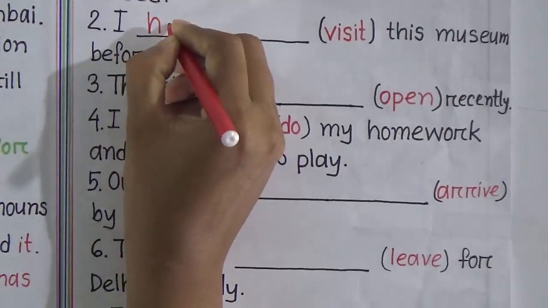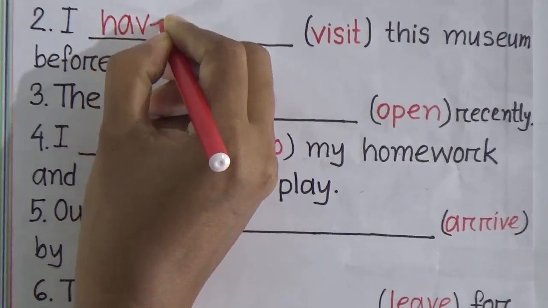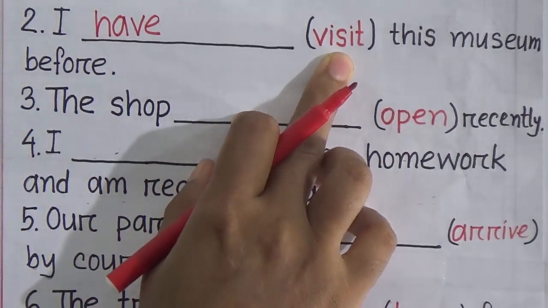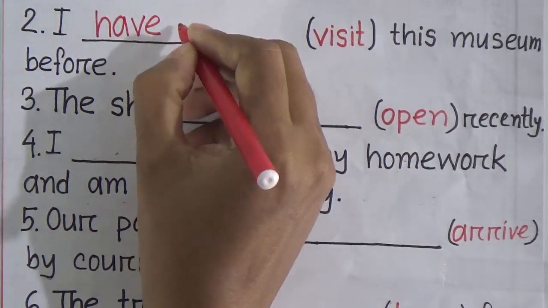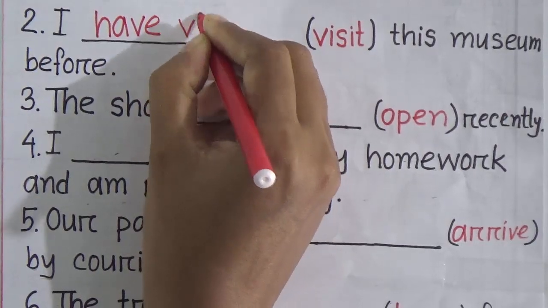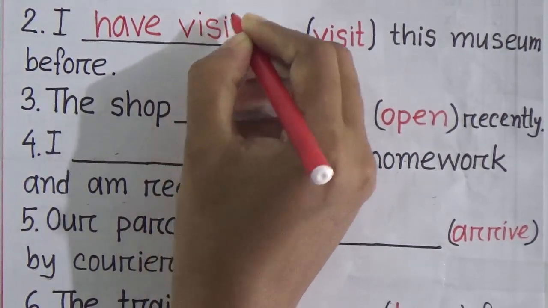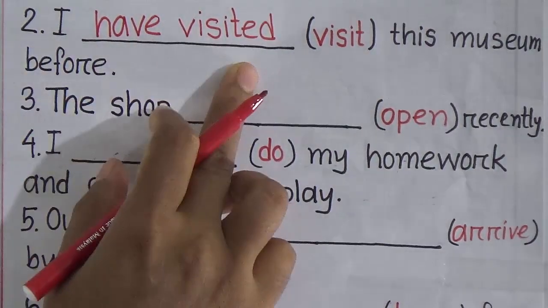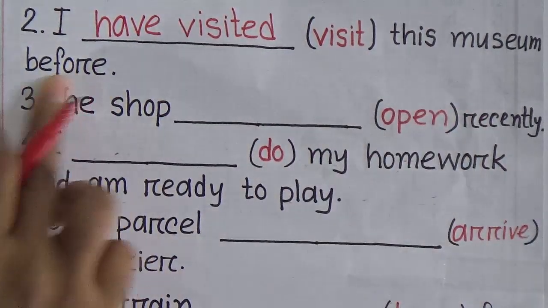So definitely you have to write here have. I have, then have to use the past participle form of the given word visit. So you have to write visited, V-I-S-I-T-E-D. I have visited this museum before.